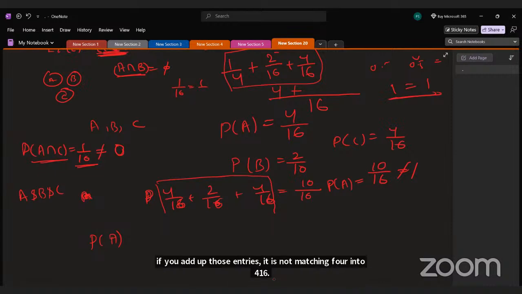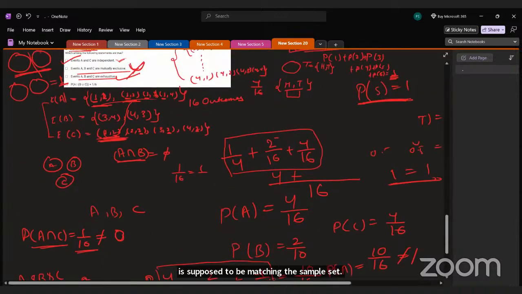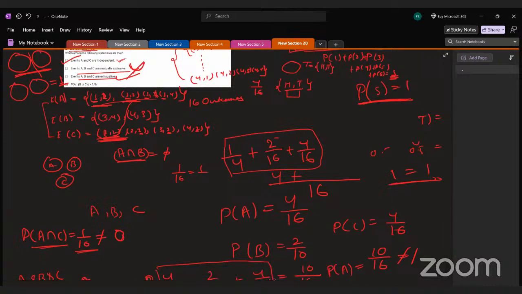Instead of calculating, we can look at the union of A, B, C. The union should be matching the cardinality of the sample set. Taking 4 by 16 or 1 by 4 is equal.